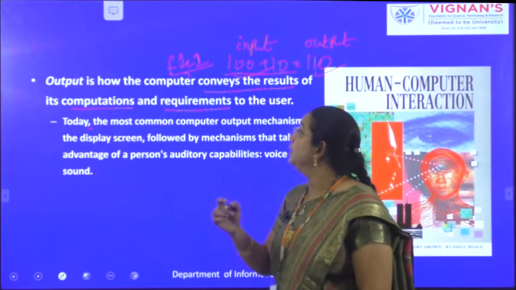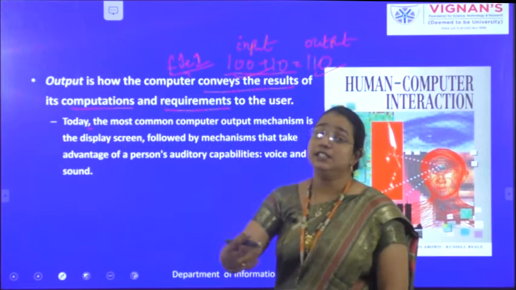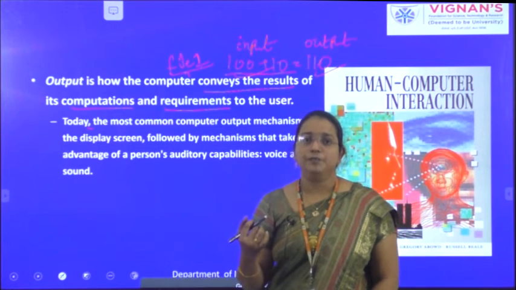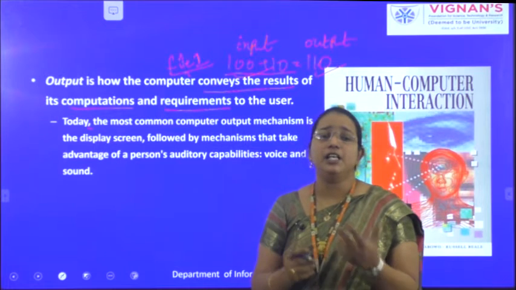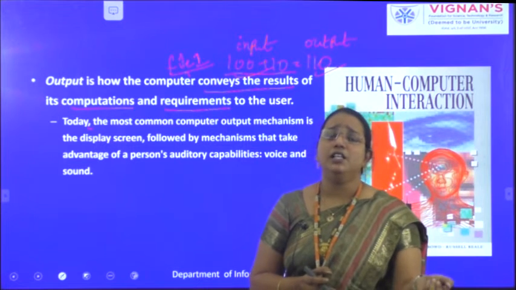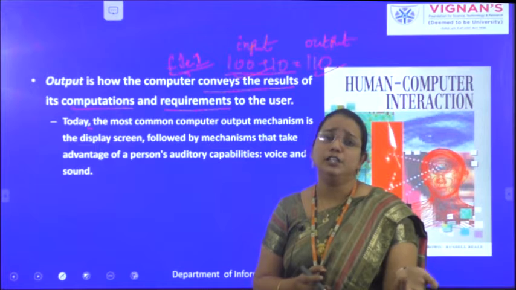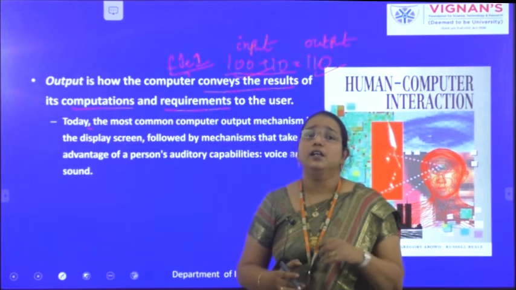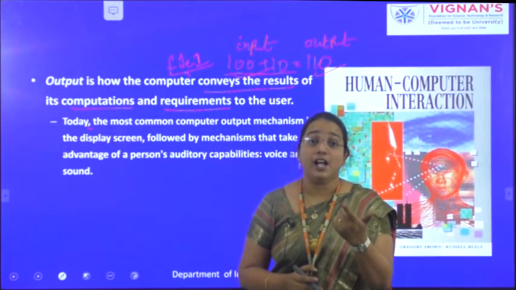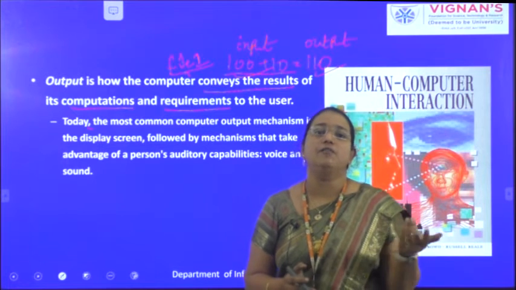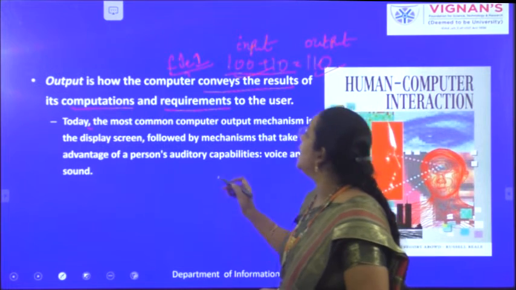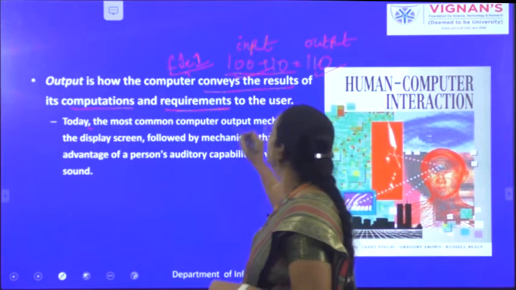If it is available, it will send the requirements: this particular file is available here. My input is my file name, and it is going to search for that file and send the location where that file is stored, whether it is available or not. That is the requirement to the user.